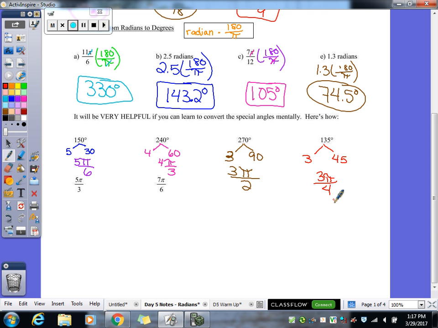So again, that's just another way of being able to do it. I find sometimes doing it that way from degrees into radians is a little trickier. But when you're going from radians into degrees, that way I think is a little easier. So like for here, pi over 3 we said is what? 60, and then 60 times 5 would be 300.